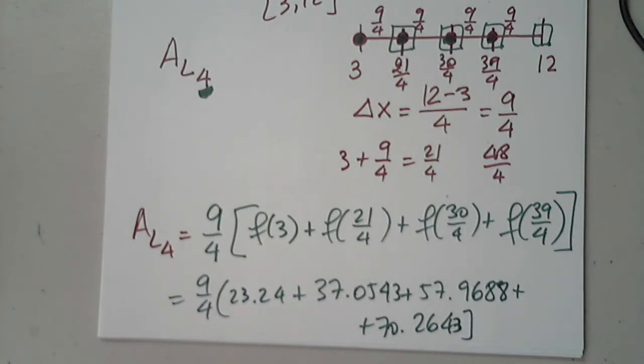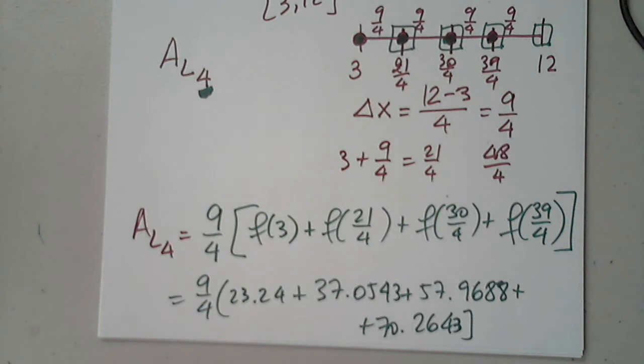Okay, then I have 9/4. Careful, it has to be in parentheses. 9/4 in front, and then open parentheses, and I have 23.24 plus 37.0543 plus 57.9688, and the last one plus 70.2643.